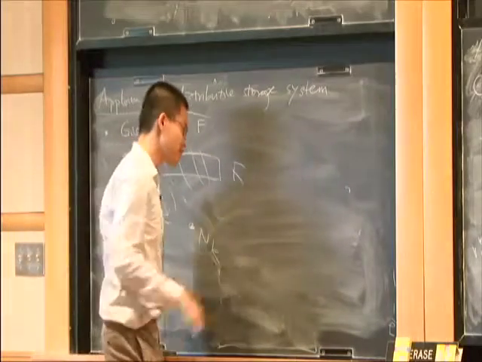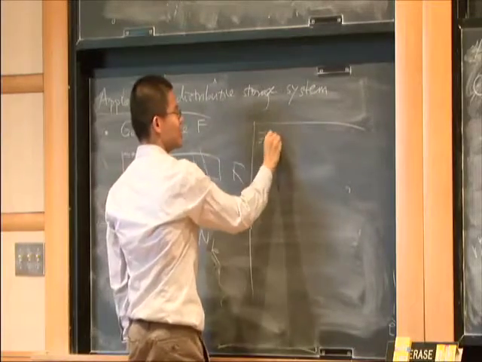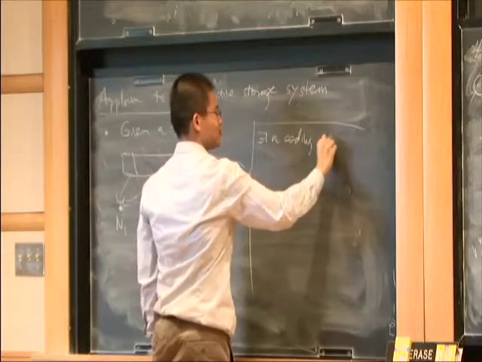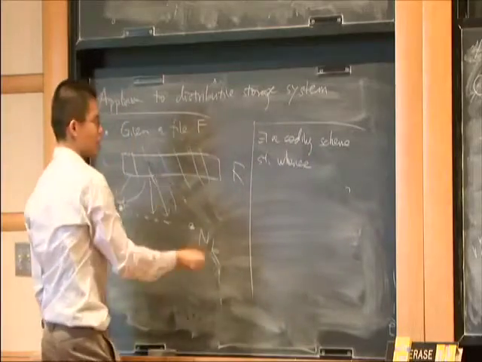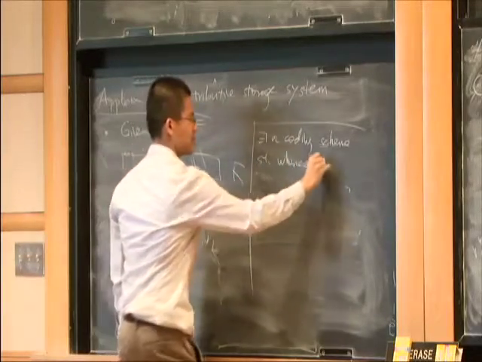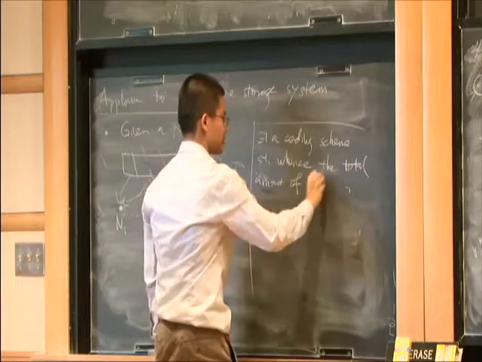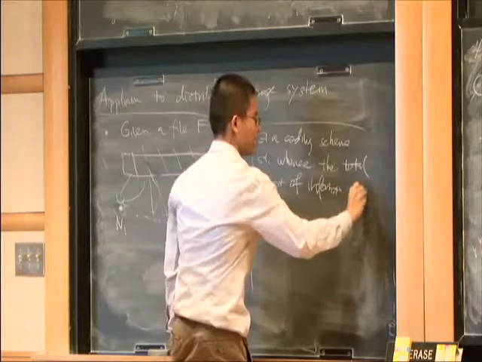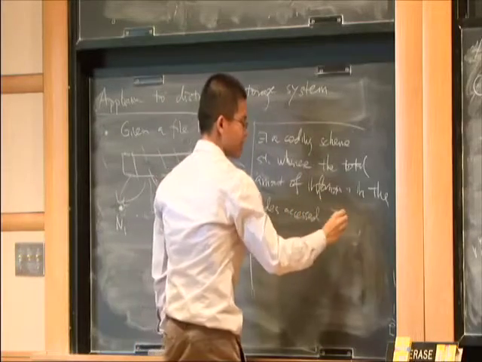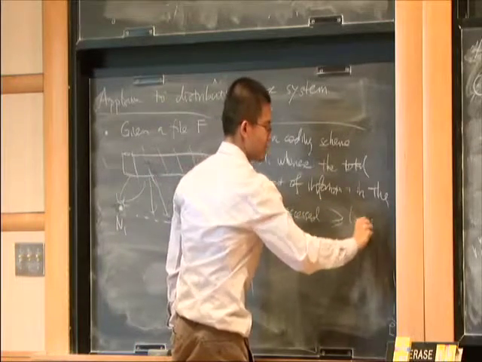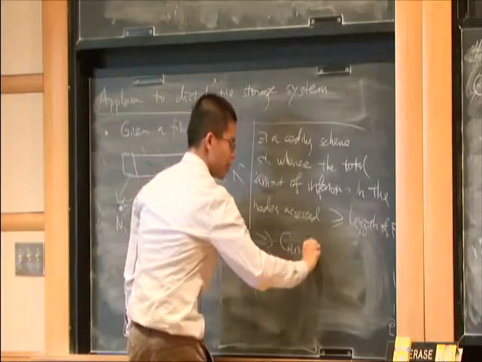So an interesting result, someone can show, I don't remember who did this, that there exists a coding scheme such that whenever the total amount of information in the nodes accessed is greater than or equal to the length of the original file, then we can recover the original file.